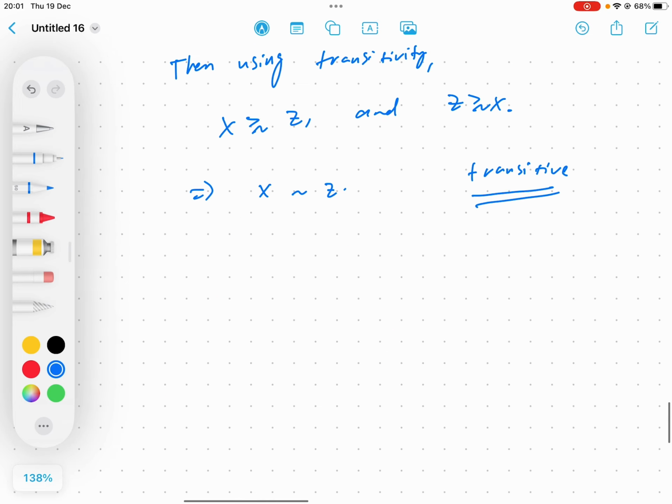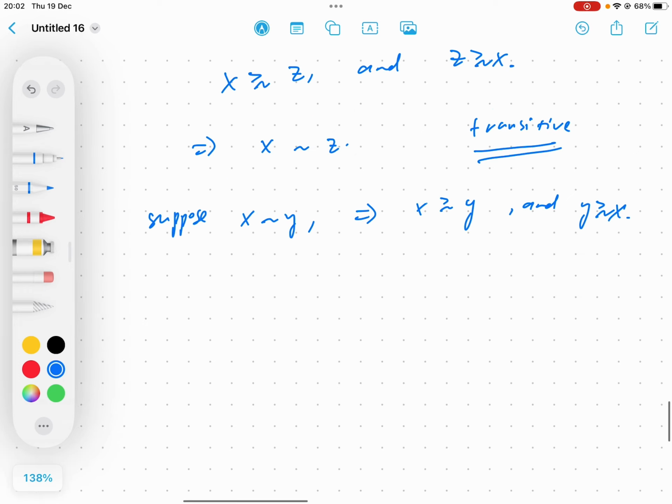All right, so the last result is symmetry. So let's suppose x is indifferent to y. This implies x is weakly preferred to y and y weakly preferred to x, right?